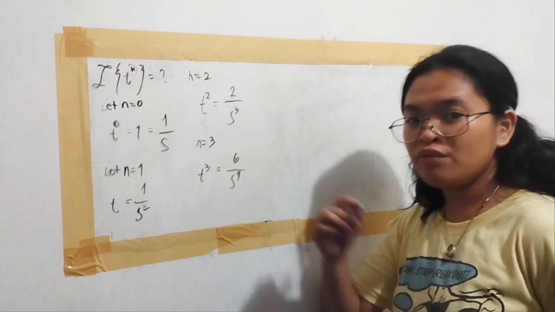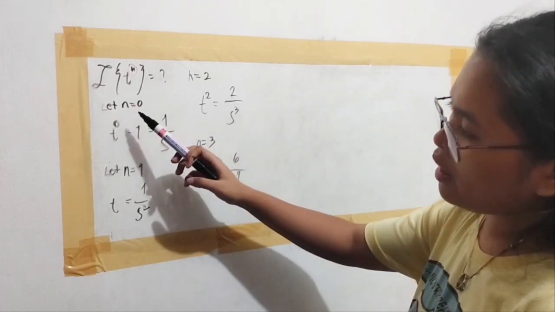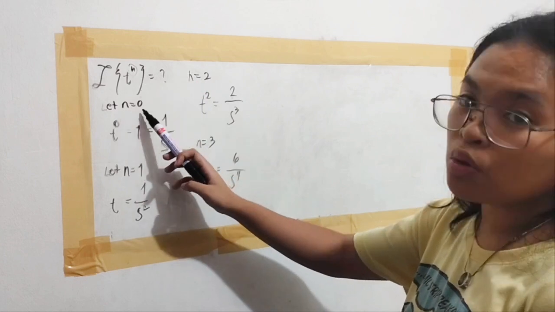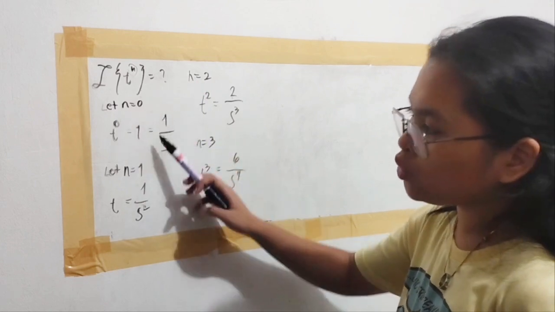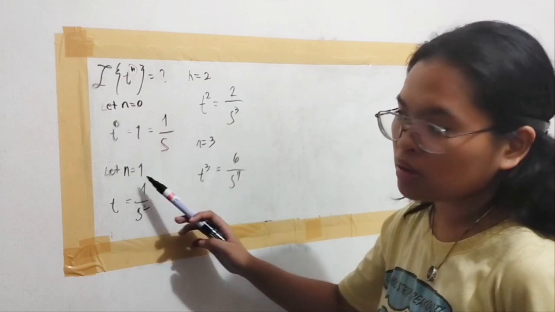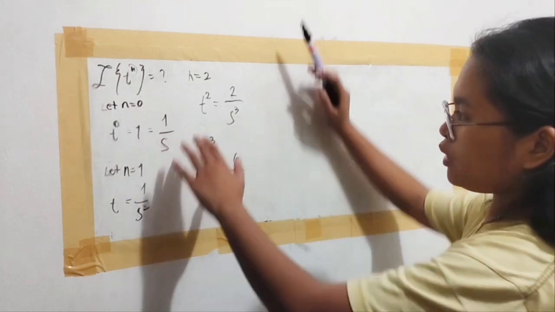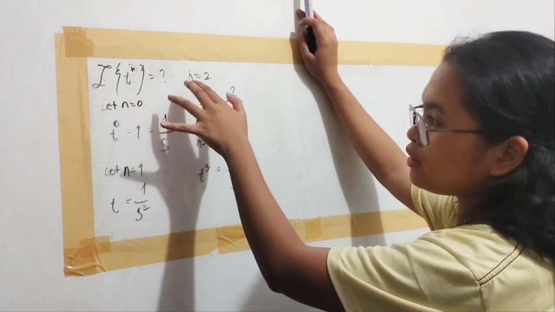So if you can notice any pattern here: when n is 0, the numerator is 1; when n is 1, the numerator is 1.